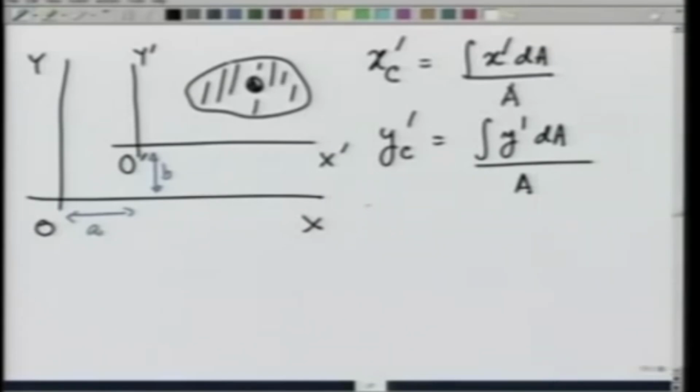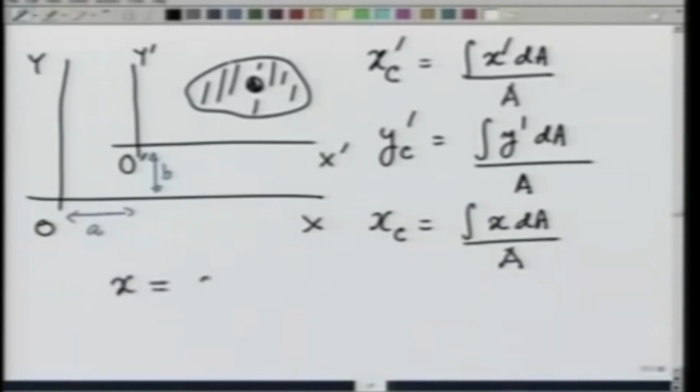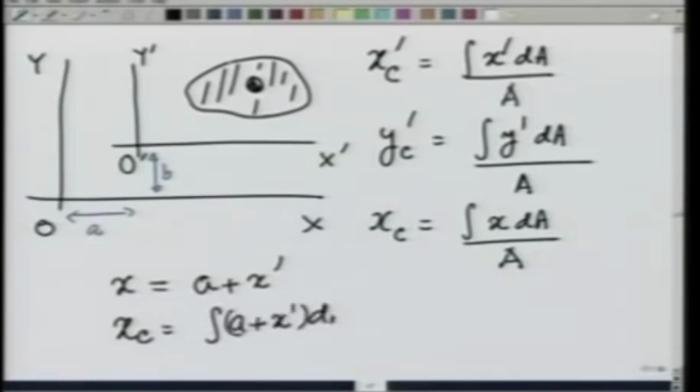Now, let us calculate xc, which is equal to integration x dA over the area, but I know that x equals a plus x prime, and therefore, xc is going to be equal to integral of a plus x prime dA over A. A comes out of the integral and integral dA is the total area.